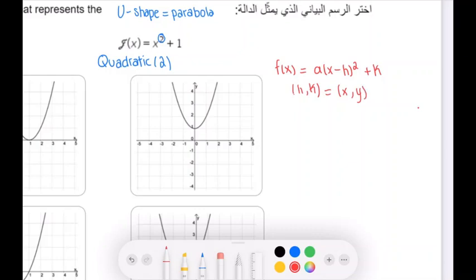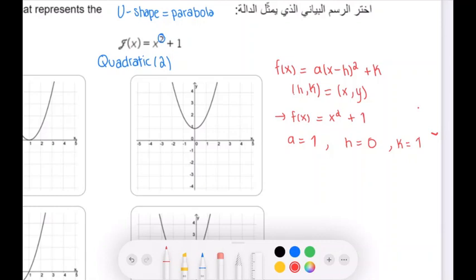So in this function, f of x equals x squared plus 1, a would be 1, h would be 0, because here we don't have anything in the brackets, we don't even have parentheses in general, and k equals 1.